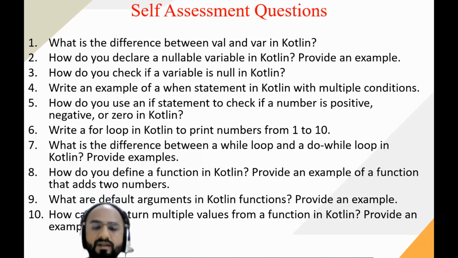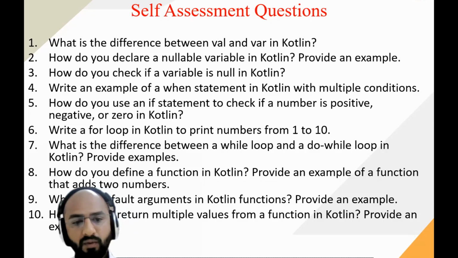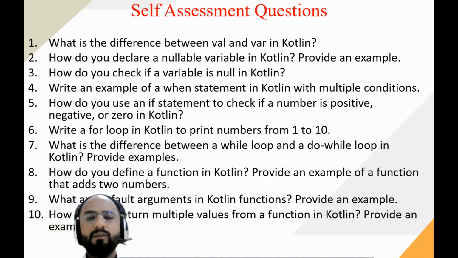So here you just need to write a function that will add two numbers and return the value. What are default arguments in a Kotlin function? Provide an example. So what is a default argument? Whenever you are creating a function, you can provide a default argument. How can you return multiple values from a function in Kotlin? So these are the self-assessment questions.